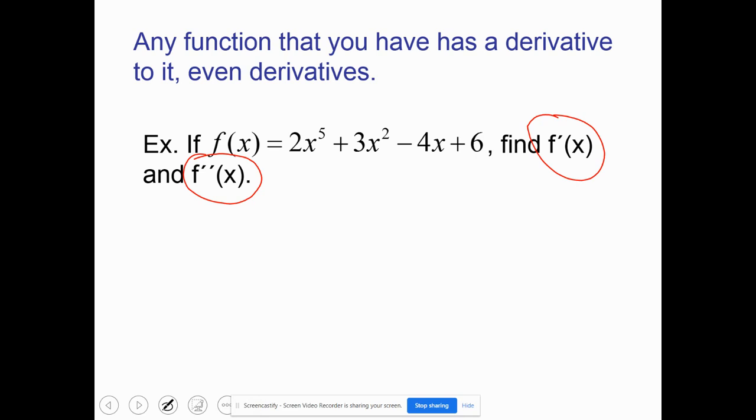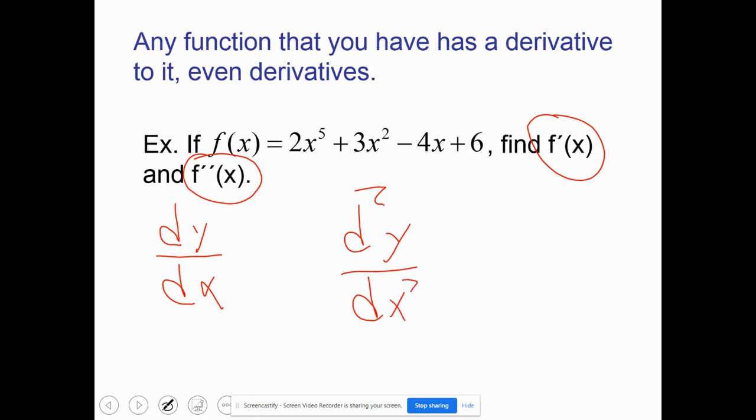Now remember, that was Sir Isaac Newton's notation. Gottfried Leibniz used dy over dx to represent the first derivative, and he wrote it as d2y over dx squared for the second derivative. Now, I'm not too worried about that this year, for the basic calculus that we do, but that's something you're going to see next year.